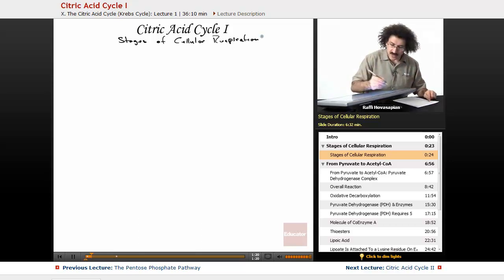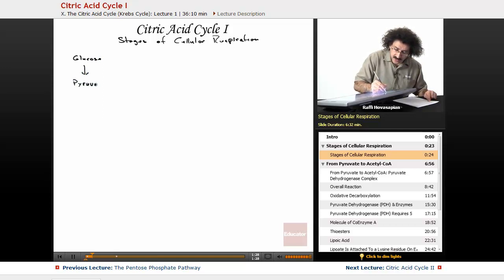So we started with glucose. That was our first step. From glucose, glycolysis, we went to pyruvate. We've already taken care of this first step. That was glycolysis.